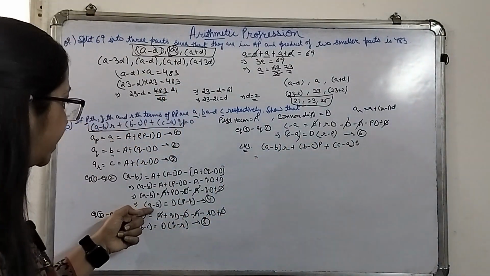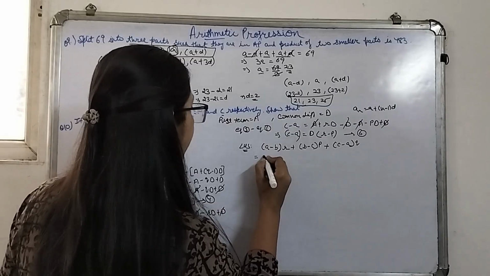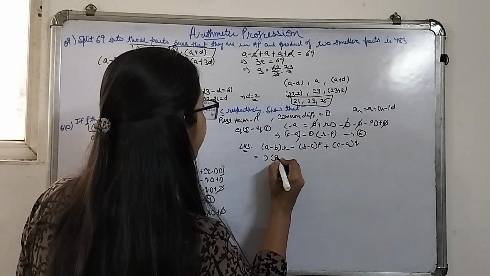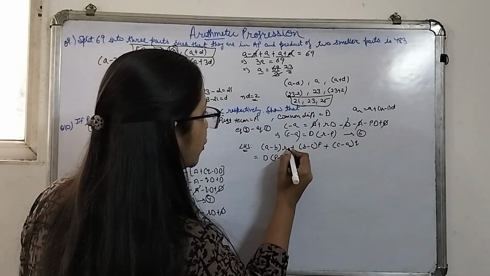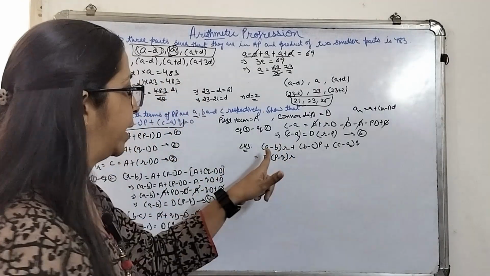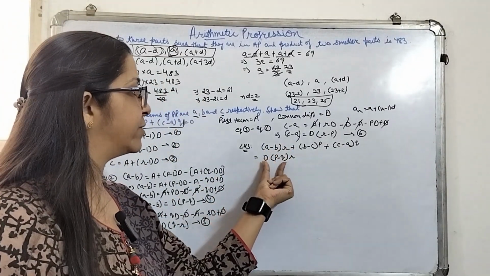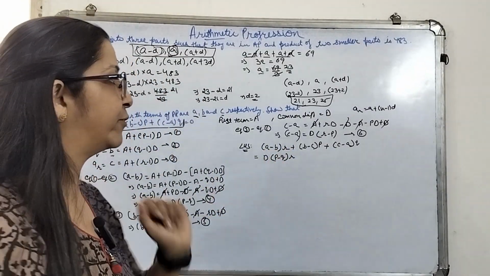A minus B could be written as D multiplied by P minus Q, and R is even over here, so I have taken R also. A minus B multiplied by R, this is the value of A minus B, and this R I have taken.